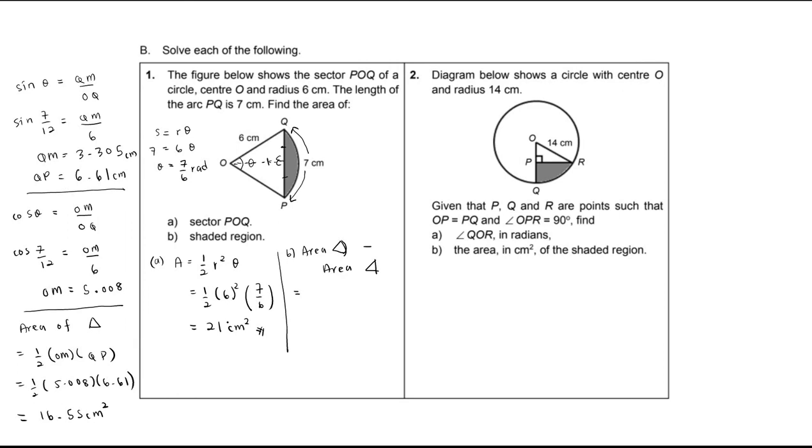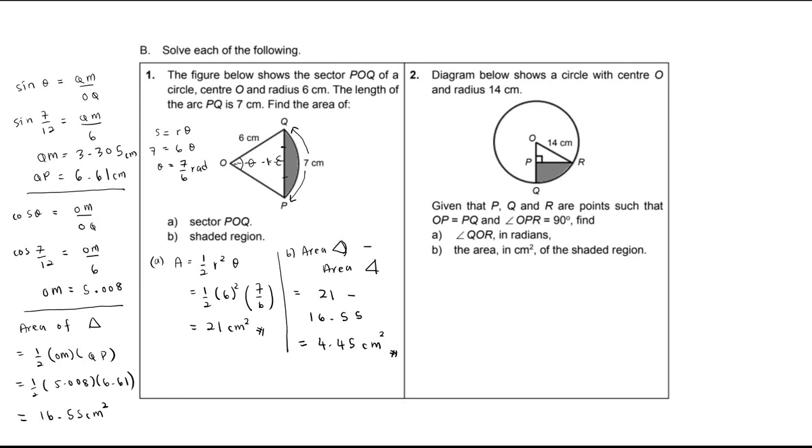Now that we know the area of the sector and the area of the triangle, we can subtract these two areas to get the area of the shaded region. So 21 minus 16.55. Final answer is 4.45 cm squared. And that is the area of the shaded region.